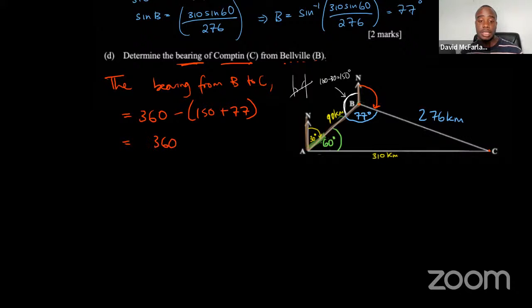So that's 360 minus 227. Normally you can just add it in your head, but on the exam you put it in your calculator, because you just want to make sure. But I think I know that this is 133. Somebody just verify that for me. I think I know that this is 133, from what I'm doing in my head.